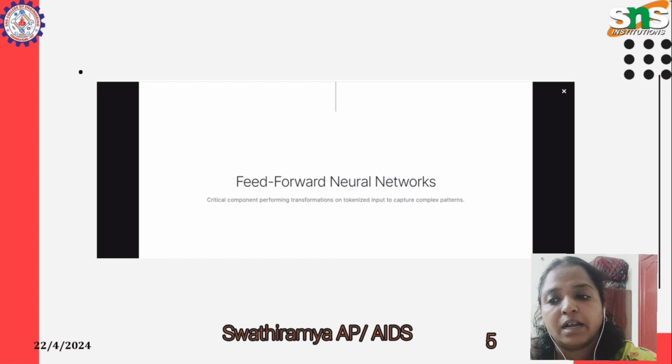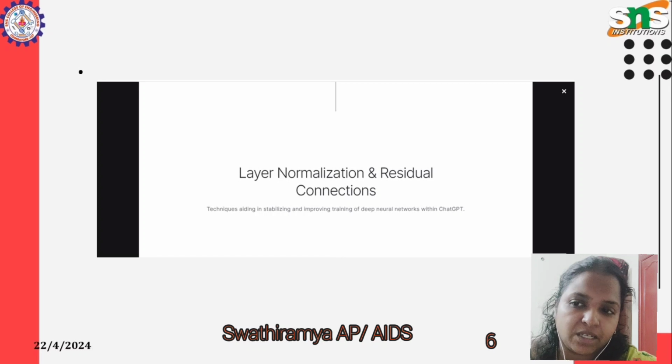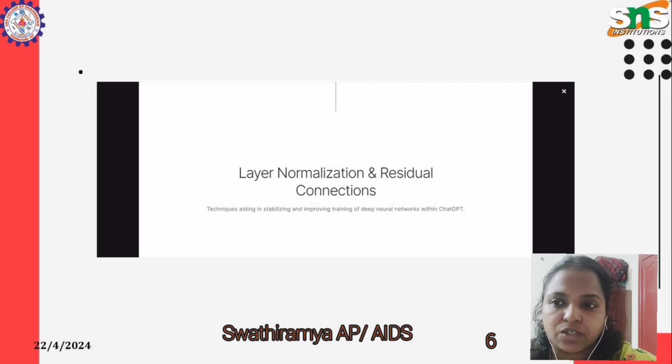Next component will be layer normalization and residual connection. Layer normalization and residual connections are techniques used to stabilize and improve the training of deep neural networks, including transformers like ChatGPT. The main purpose is to stabilize and improve the training of the algorithms.